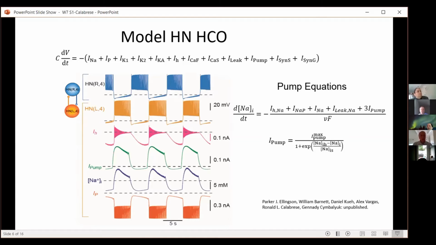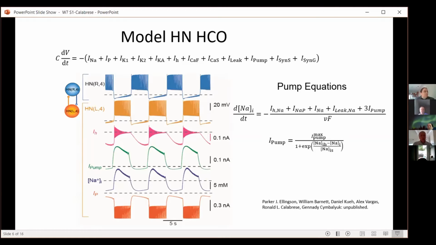And you can see that the two cells are alternating, and then you see the role of the H current in magenta, the pump current in green, the sodium concentration inside the cell, and the IP, which is our persistent sodium current.